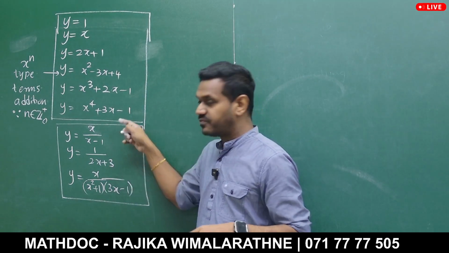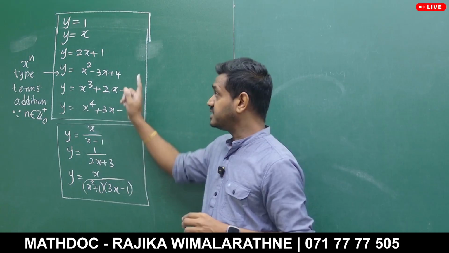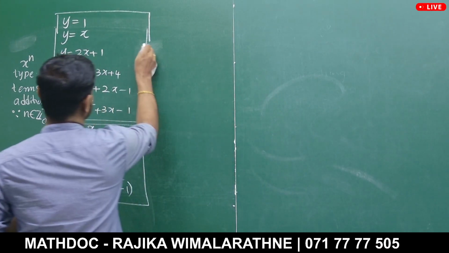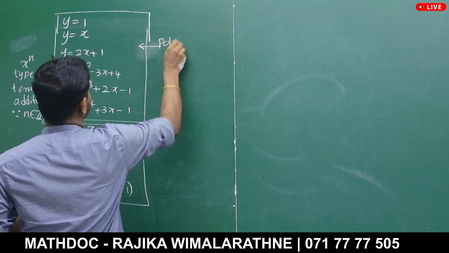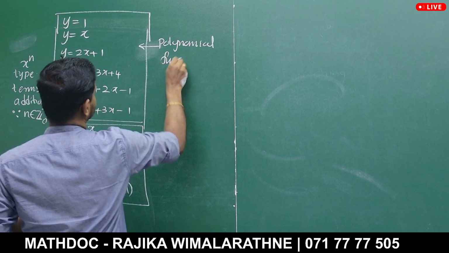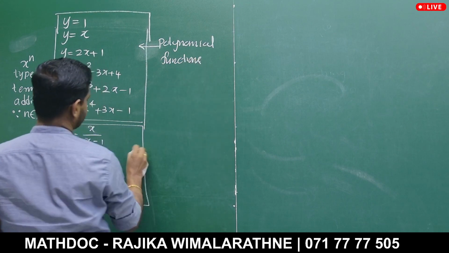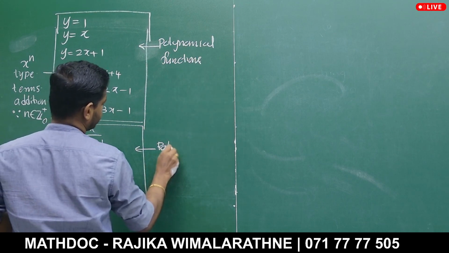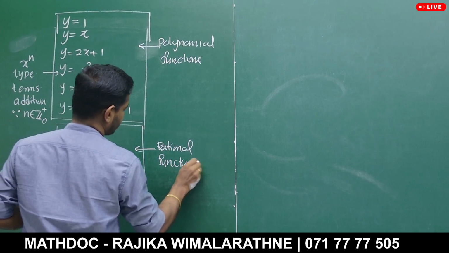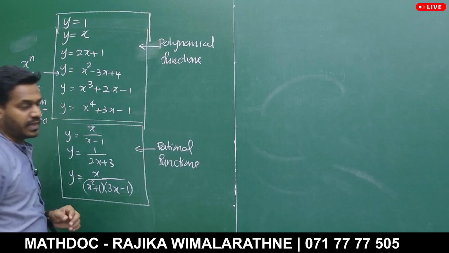Then this division type we call rational. So this is polynomial functions and this is rational functions. Rational function means polynomial division.